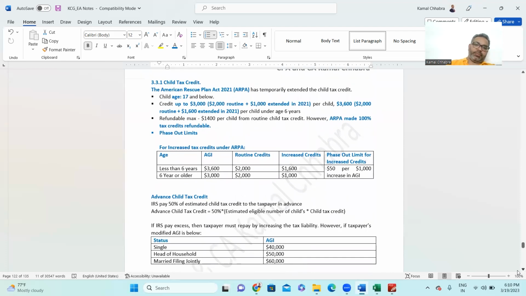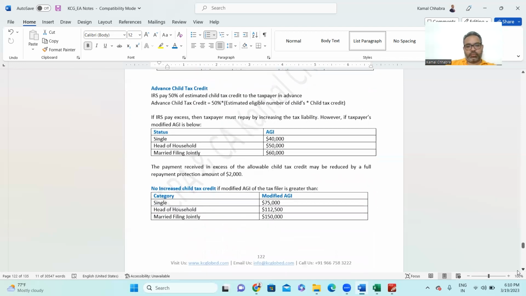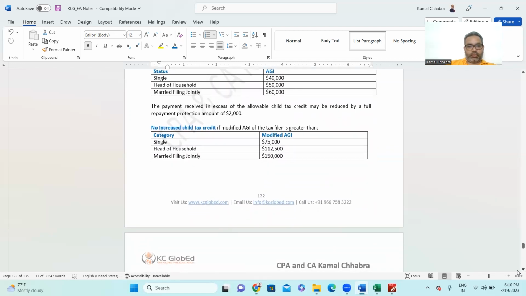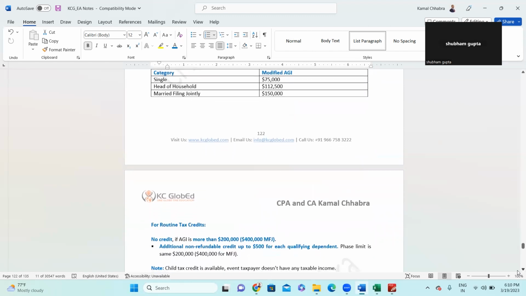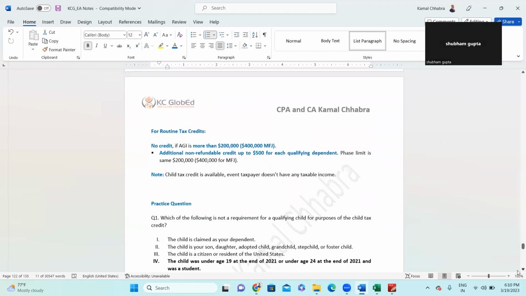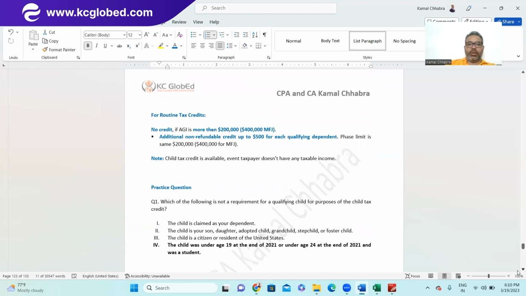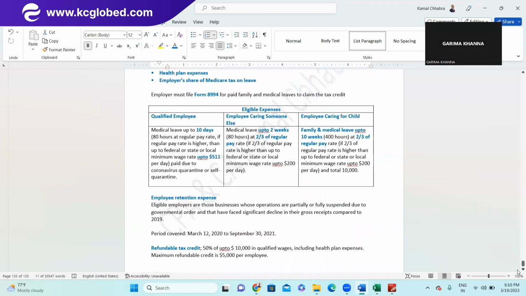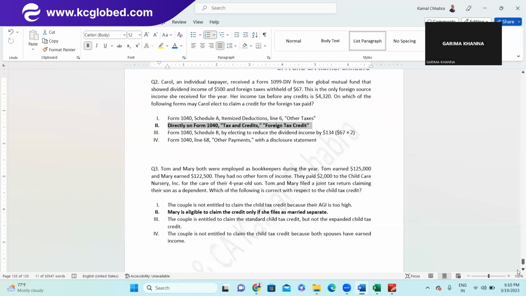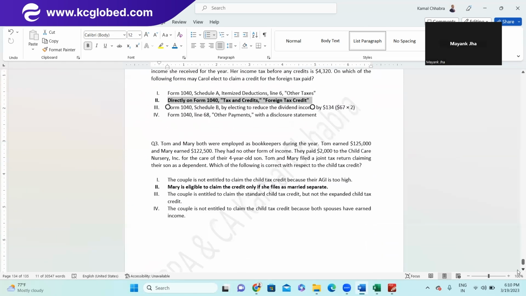How much is the limit? For routine tax credit, $400,000 for married filing jointly. Right? So their total income is less than $400,000 or more than? So less, sir. Less than.